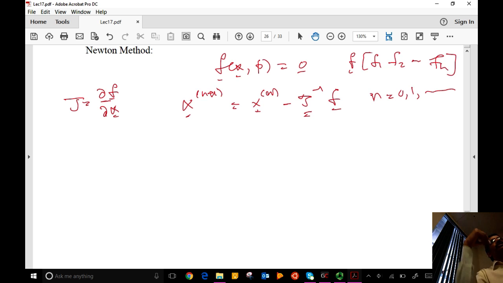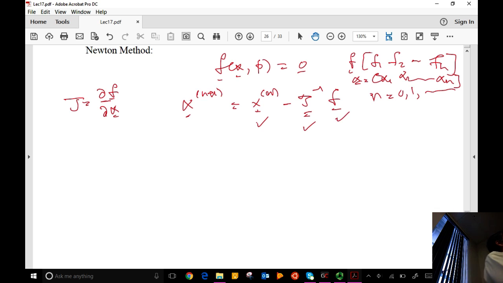There are n functions, and there are n variables. x is a vector consisting of x1, x2, all the way to xn. So you need to take the derivative of f1 with respect to x1, f1 with respect to x2. It's an n by n matrix. Okay? So you need to calculate this Jacobian. You need to make a guess, and the Jacobian has to be calculated at that guess. And you also need to calculate the function at the guess.